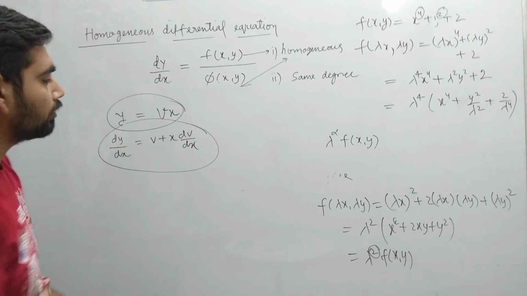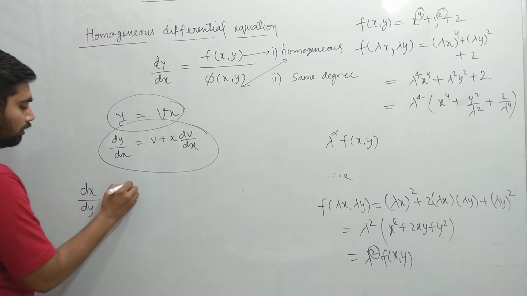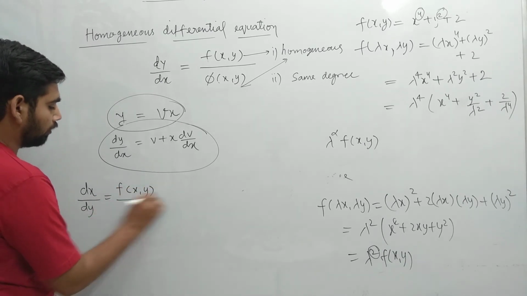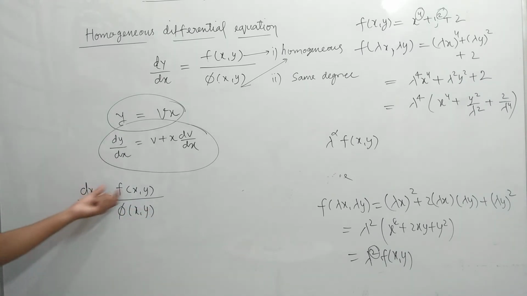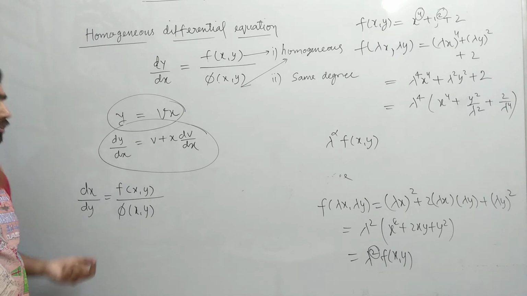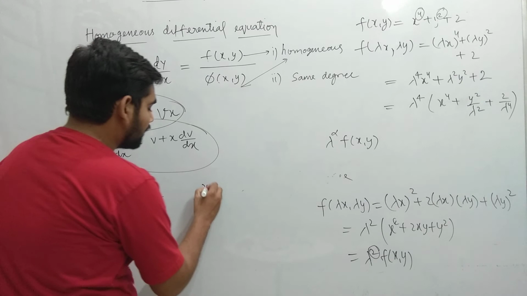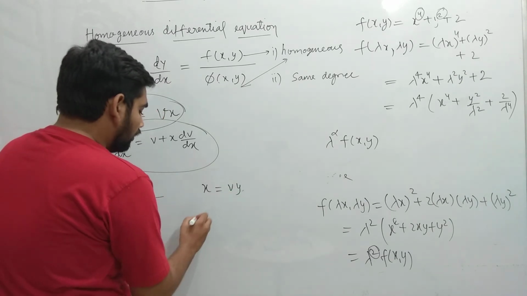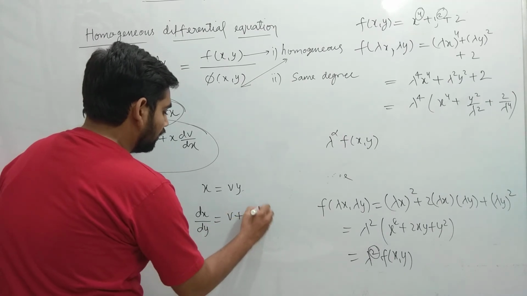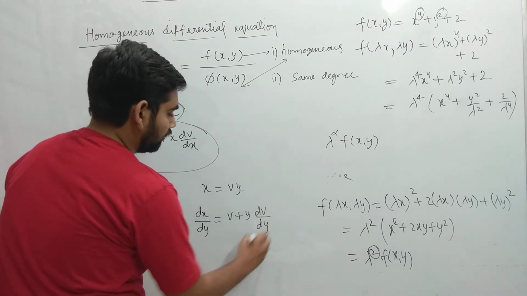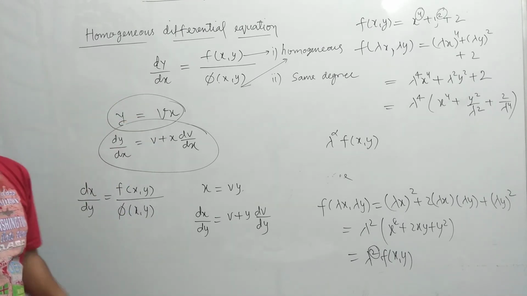If the differential equation is of the form alternately dx by dy equals f(x, y) upon phi(x, y), if the differential equation is homogeneous and it is of the form dx by dy, meaning the dependent variable is x and the independent variable is y, then we will put x equals vy and dx by dy will be replaced by v plus y dv by dy. So alternately, the roles of x and y will interchange.